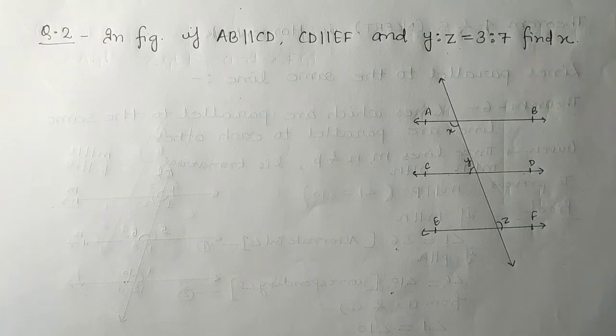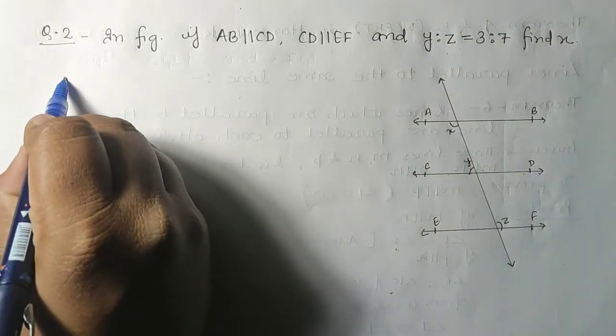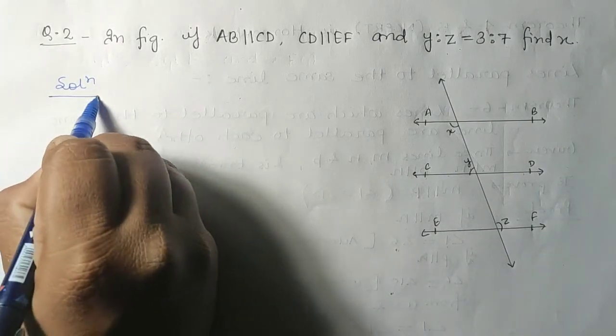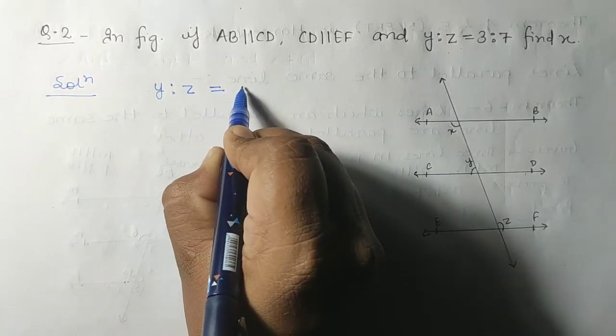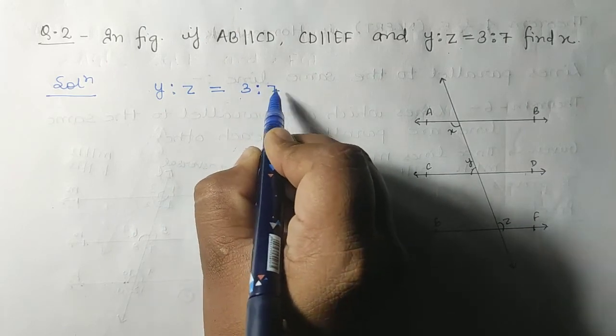Okay students, so firstly let us see what is the meaning of Y:Z. It is given equal to 3:7.